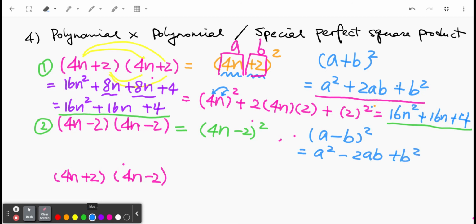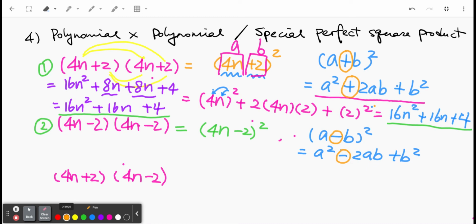So as you can see, the first one, a plus b squared, is almost the same as a minus b squared. The only difference is the sign for 2ab is minus. Everything else is the same, okay?